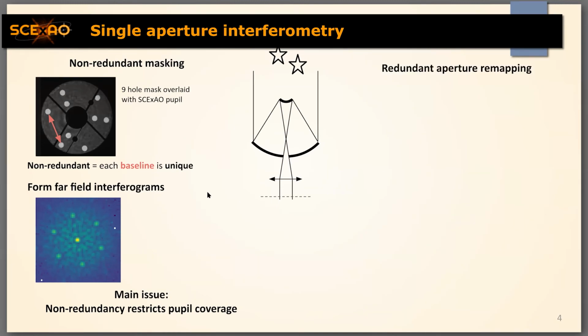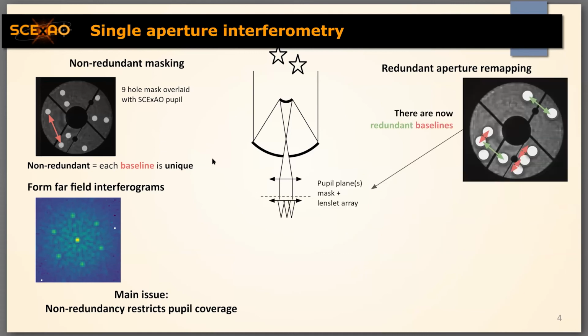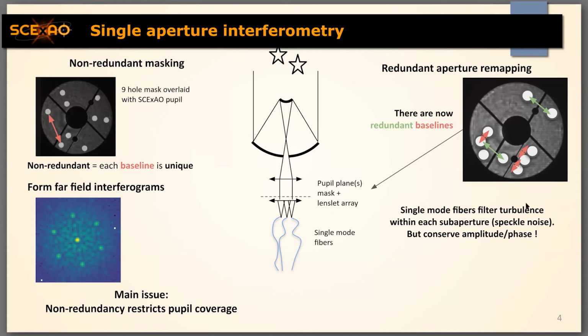So the alternative to this is redundant masking with aperture remapping. We are going to put mask holes in the pupil plane again, except now we have repeated baselines, which, if we were to use direct propagation, would give overlapping fringes with very reduced contrast and be basically unreadable.